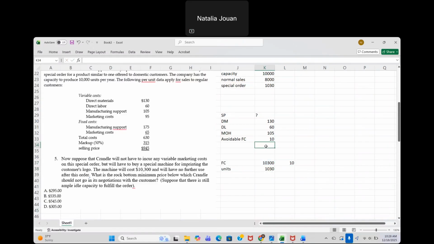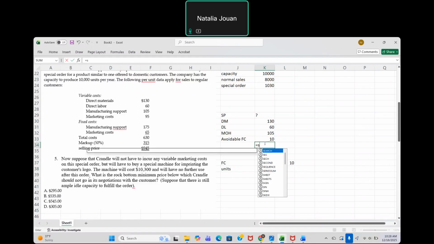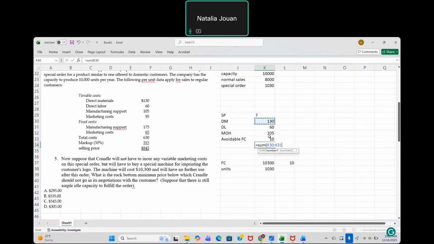We don't want to lose money, so this is the minimum. It's the sum of all these numbers. Let's add them up. It looks like it's 305, D. This is the avoidable fixed cost that we're adding to the mix.